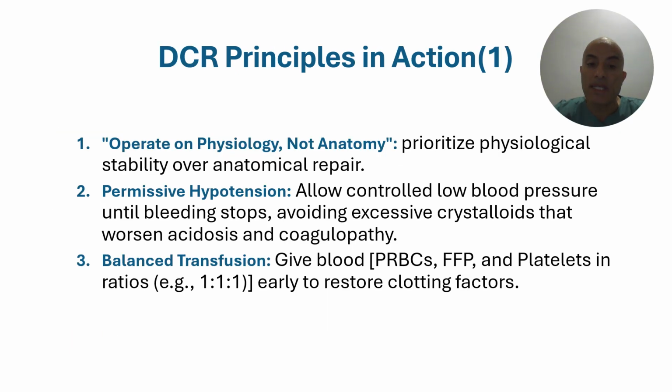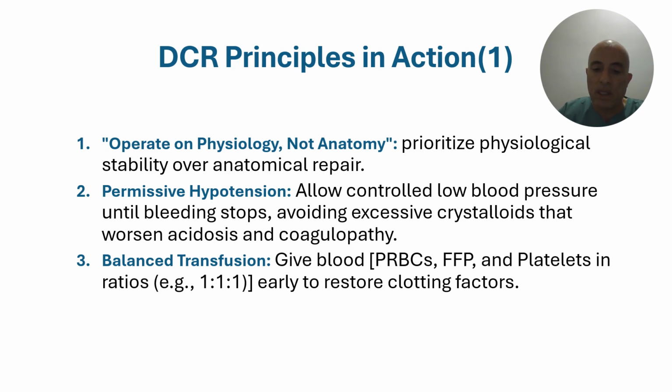Damage control resuscitation principles are: 1. Operate on physiology, not on anatomy, meaning prioritize physiological stability over anatomical repair. 2. Permissive hypotension. Allow controlled low blood pressure until bleeding stops, avoiding excessive crystalloids that worsen acidosis and coagulopathy. 3.